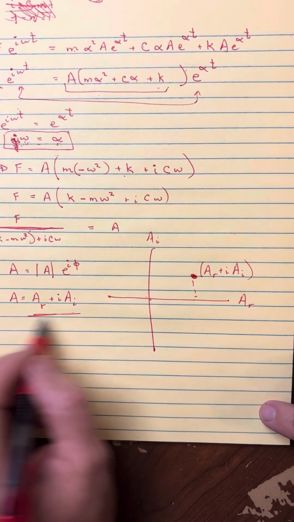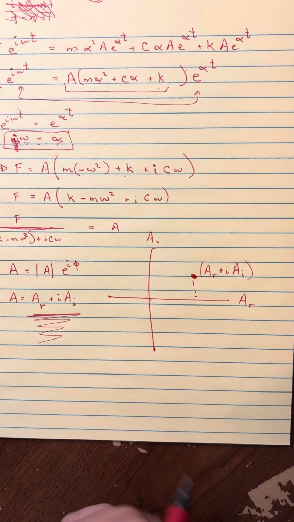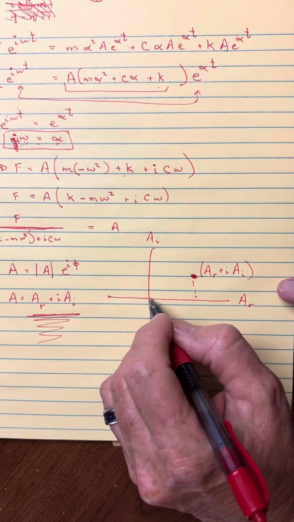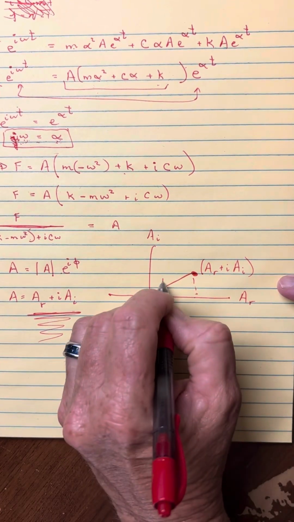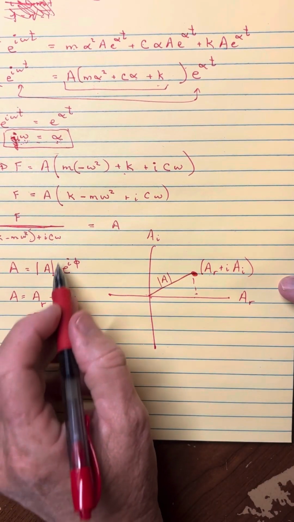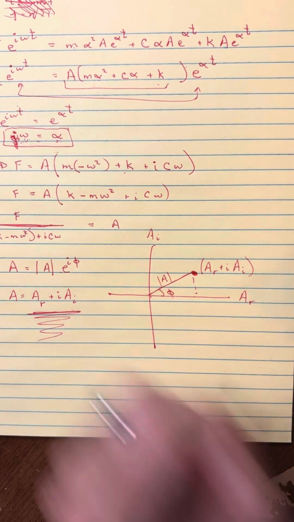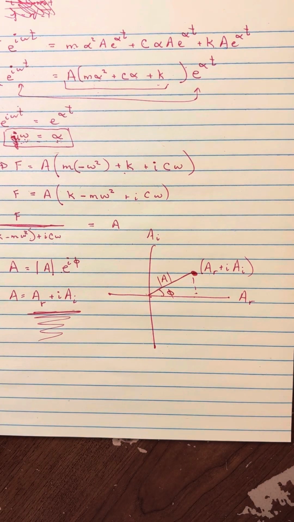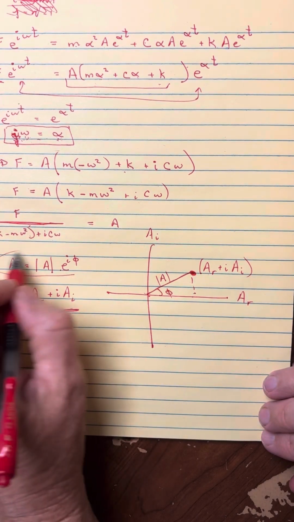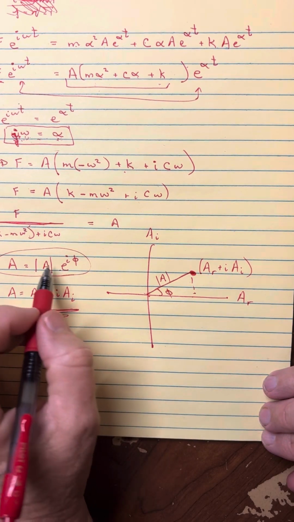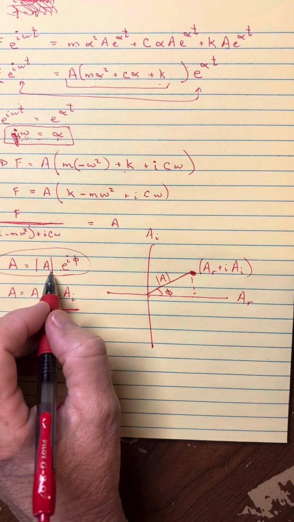And so writing in this form would be like Cartesian coordinates on a grid. And writing it in this form would be more like writing it in terms of a magnitude and then a phase. And this is really going to serve us better here because that's what we want to know in this problem, the magnitude.